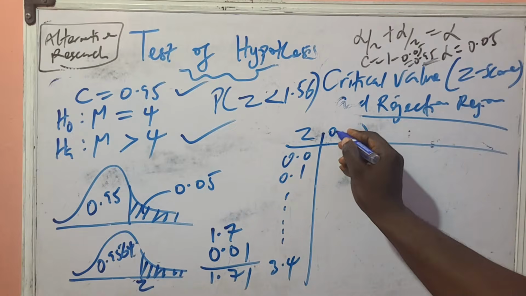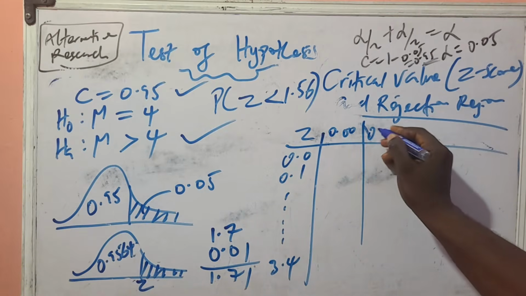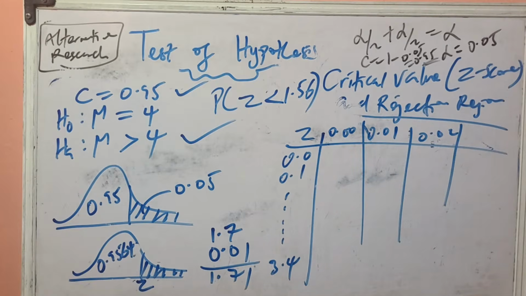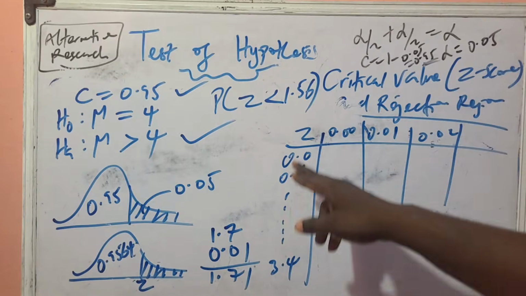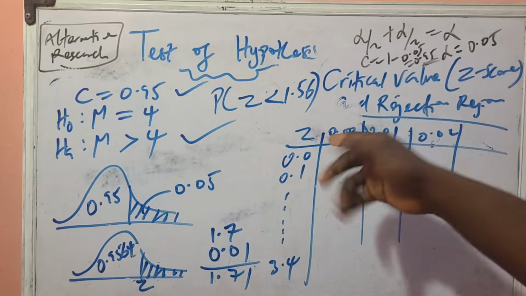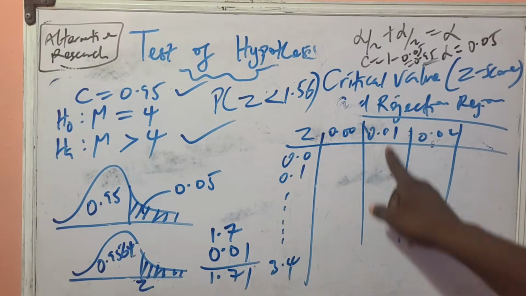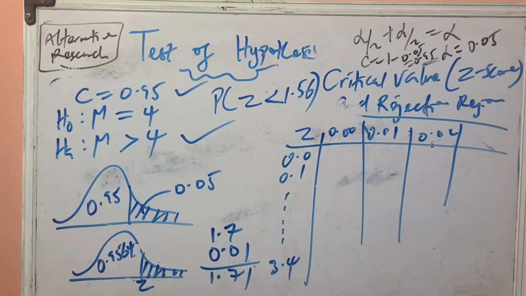Then we have 0.00, then we have 0.01, we have 0.02, and so on. So for you to find the corresponding Z score for a probability, before, when you were looking for probability given the Z score, you were checking here under something, then you said 3.4 under 0.01. You pick the value. That was what you were doing there.